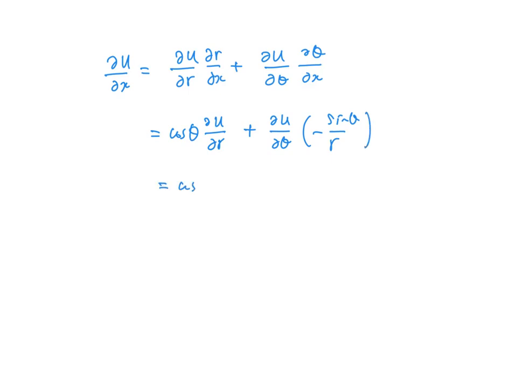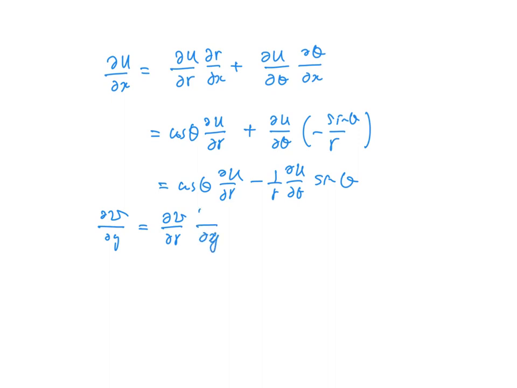So cosine theta, partial u, partial r, minus 1 over r, partial u, partial theta, sine theta. Partial v, partial y is partial v, partial r, partial r, partial y plus partial v, partial theta, partial theta, partial y.